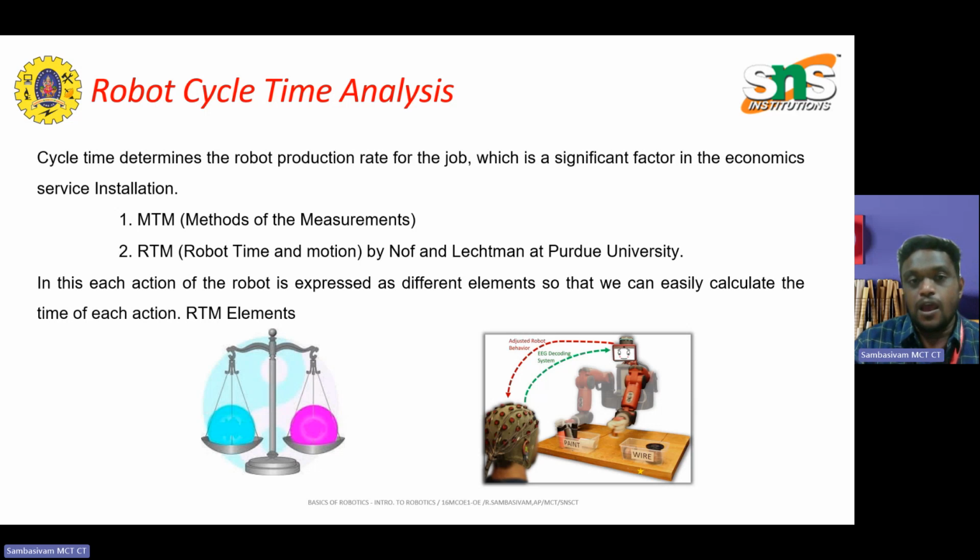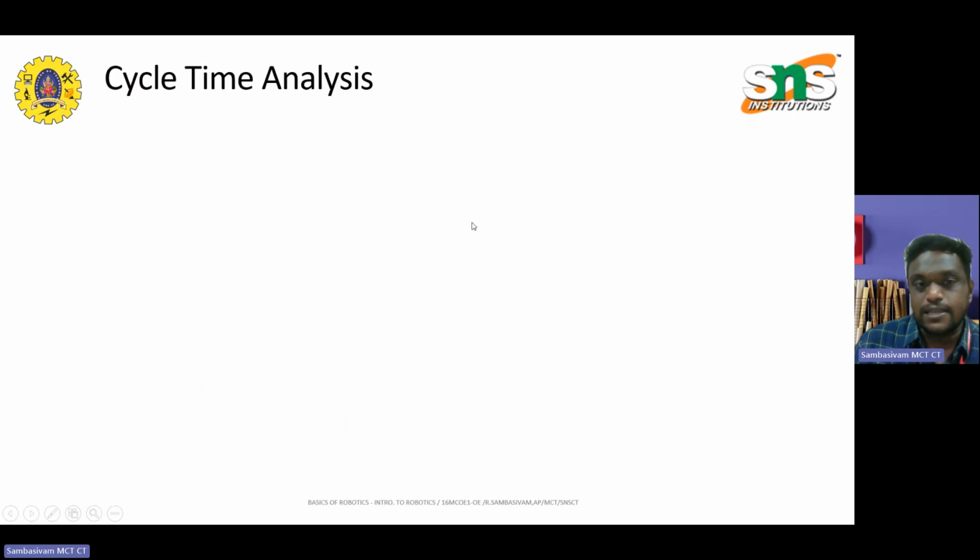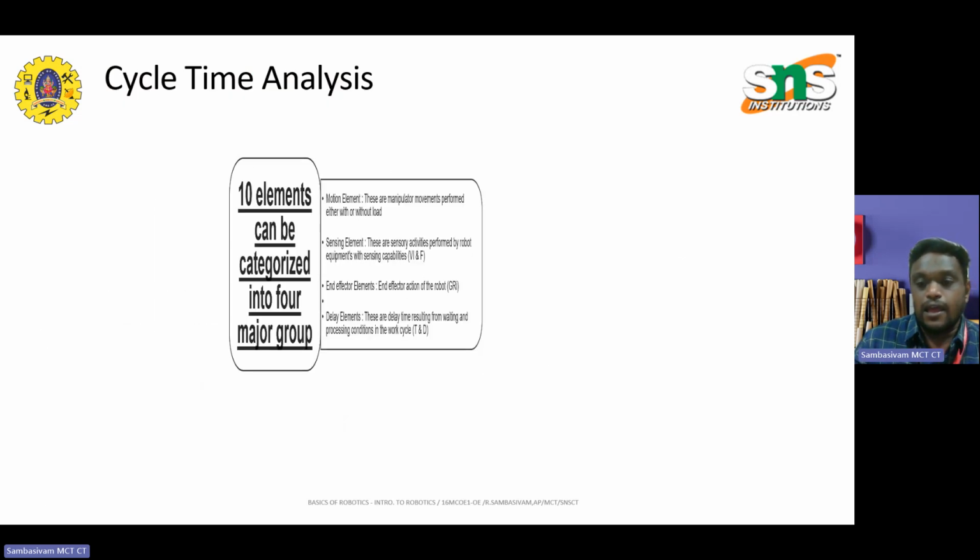It has to function under the conditions without wasting time in bulk manufacturing processes, leading to faster and higher results. This is how robot cycle time analysis is taken into consideration.